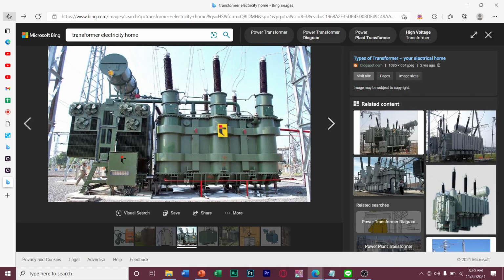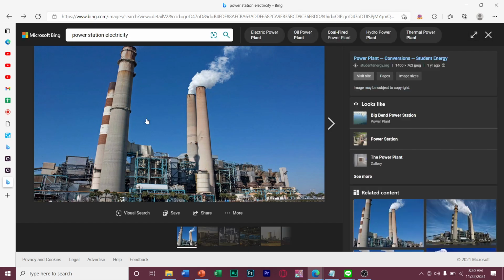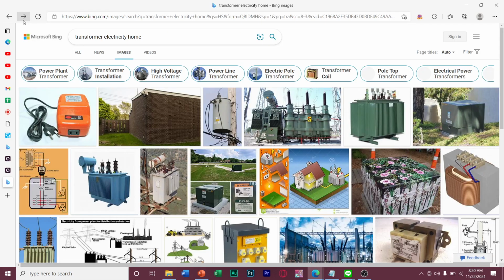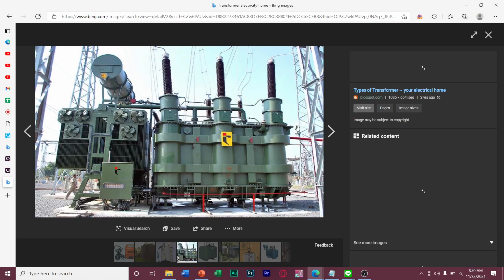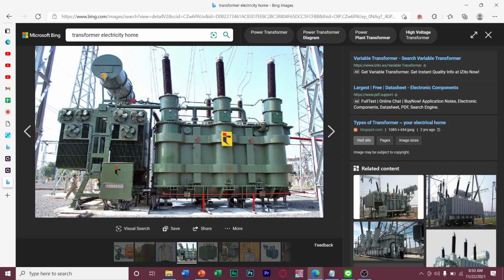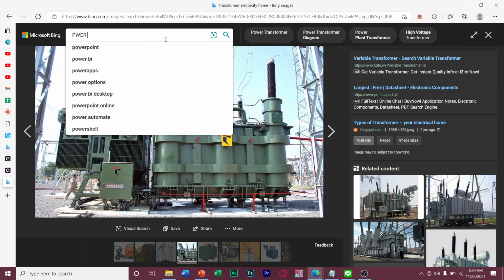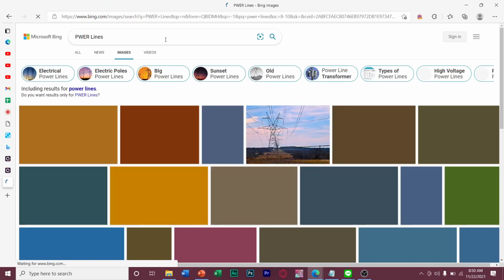So this one first is the power station. After the power station, they supply the transformer. And this one's the transformer. They're going to store the electricity here. After the transformer, it goes to the power lines.